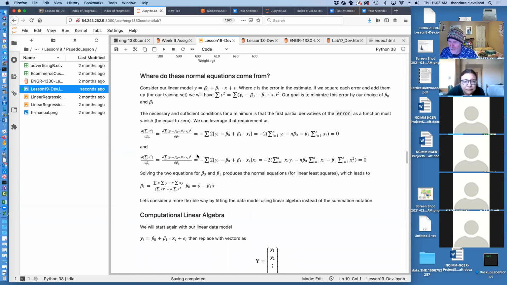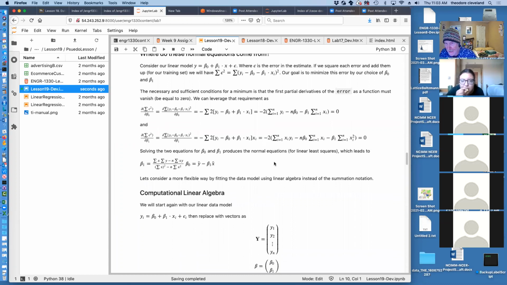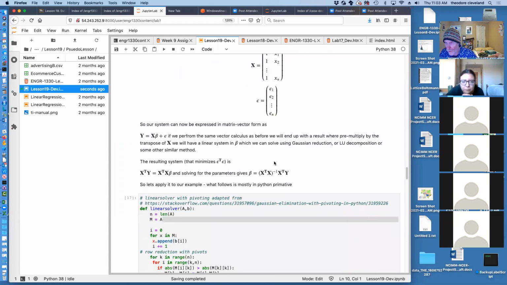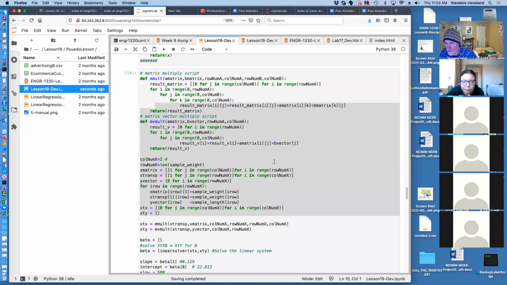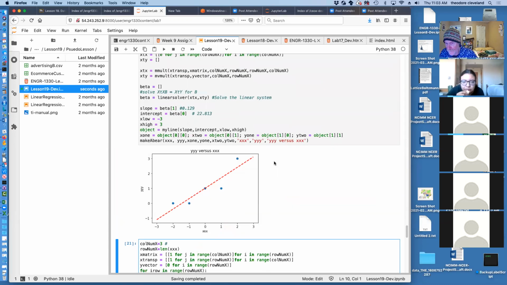You would have another group of terms over here. It's actually quite annoying to do in normal equations and rather trivial to do in computational linear algebra.